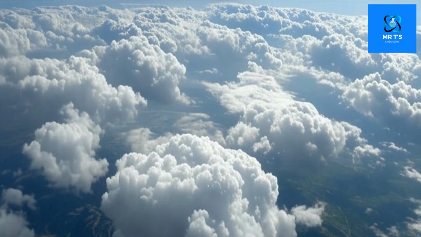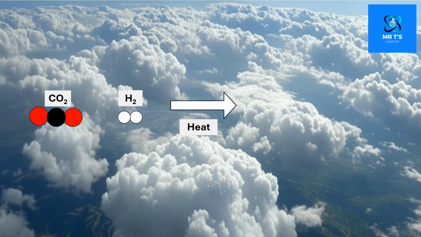Carbon dioxide is stable and doesn't react easily, so we need to activate it. One way is the reverse water-gas shift reaction. Here, carbon dioxide reacts with hydrogen, the hydrogen we got from the electrolysis in the previous slide, to produce carbon monoxide and water.